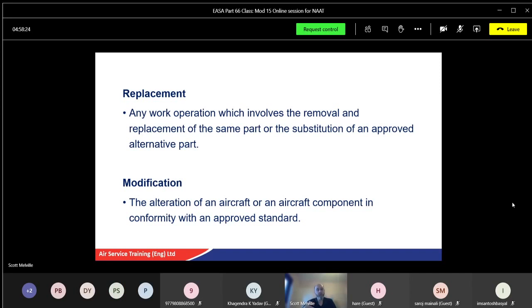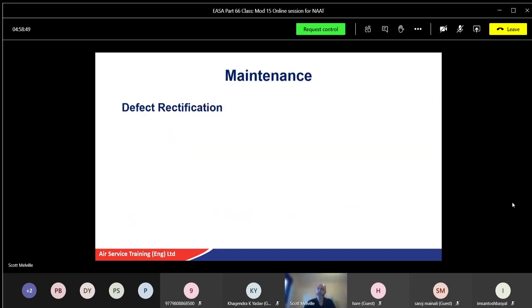So you always check the modification matches the one on the part you're ready to fit, because the parts will look exactly the same. It's a modification state. Now, some parts can be brand new alternative parts where the modification plate has no numbers on it at all, because it's a brand new replacement type. So there might not be a modification on it initially. Just check your paperwork, check the part numbers, and so on.